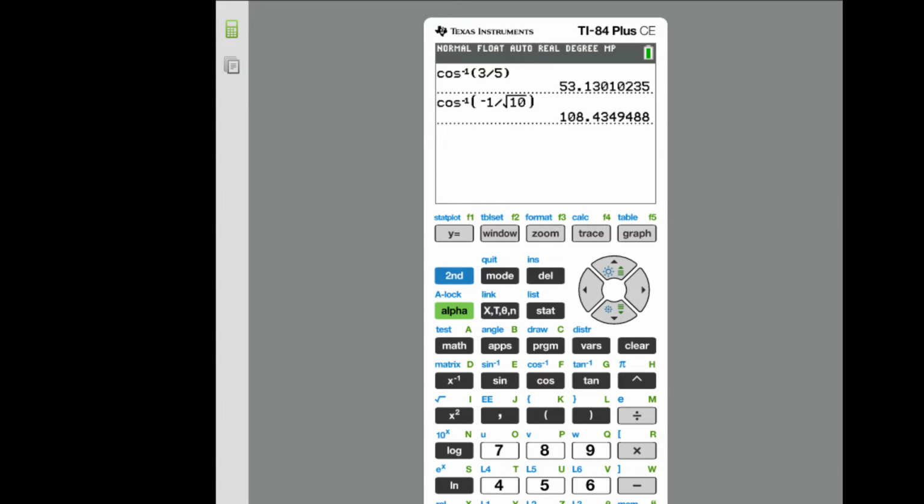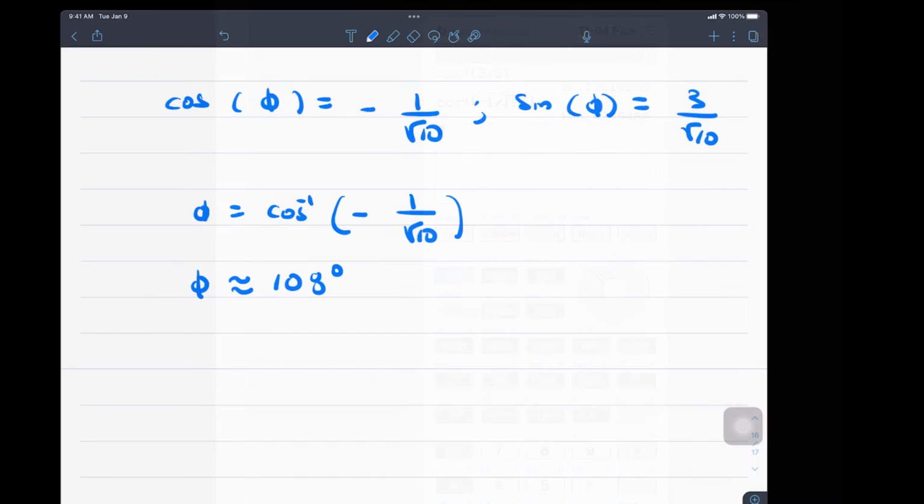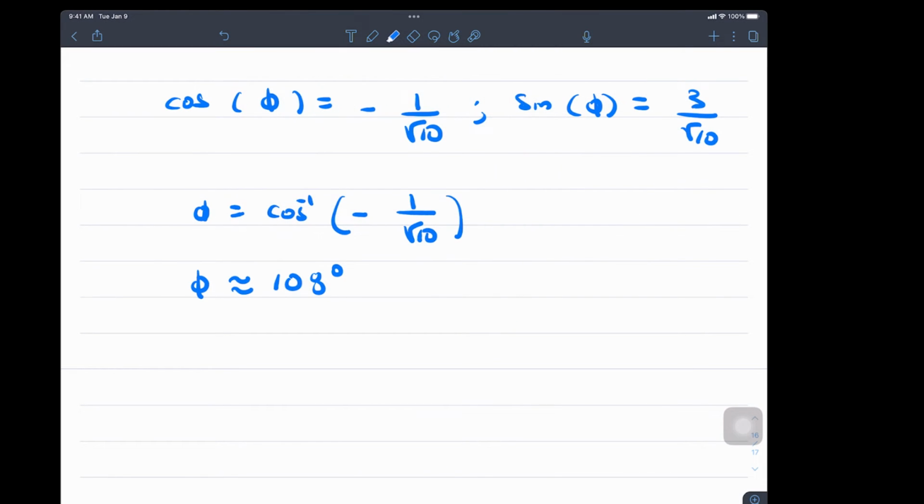What does this give us? Let's go to the nearest degree. Is that 108 degrees? Okay, you guys okay with that? You get to use the inverse cosine key. We're going to learn inverse cosine at the end of the chapter, but whatever. There's your phi.